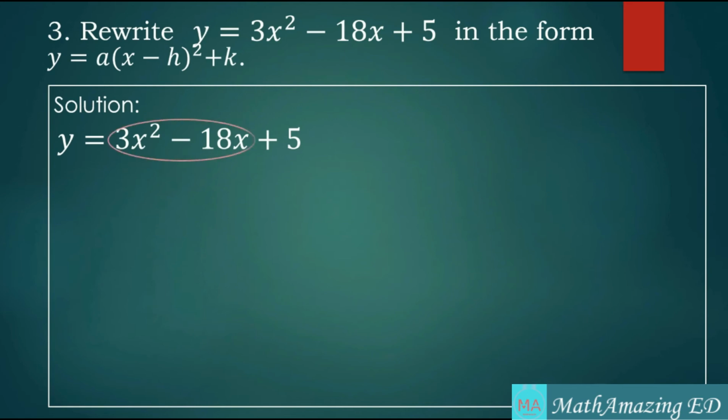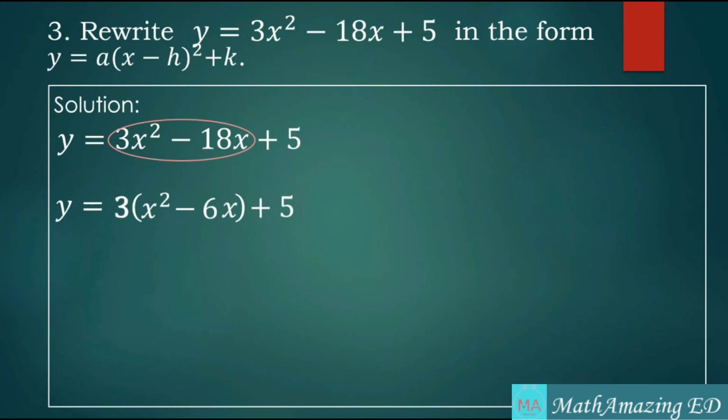So before we group the terms with the variable x, we will factor out the coefficient, which is 3, first. So we have 3(x² − 6x) since 18 divided by 3 is 6, and then copy plus 5. Now we're done with factoring out the coefficient.